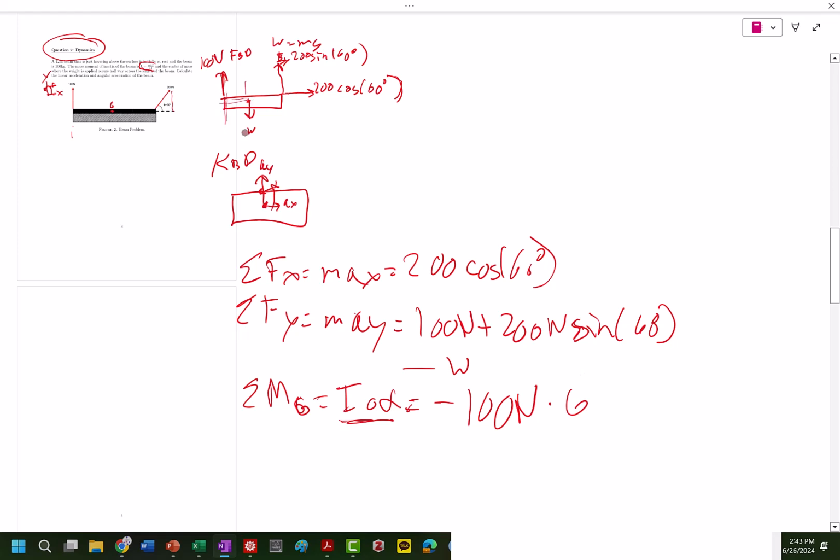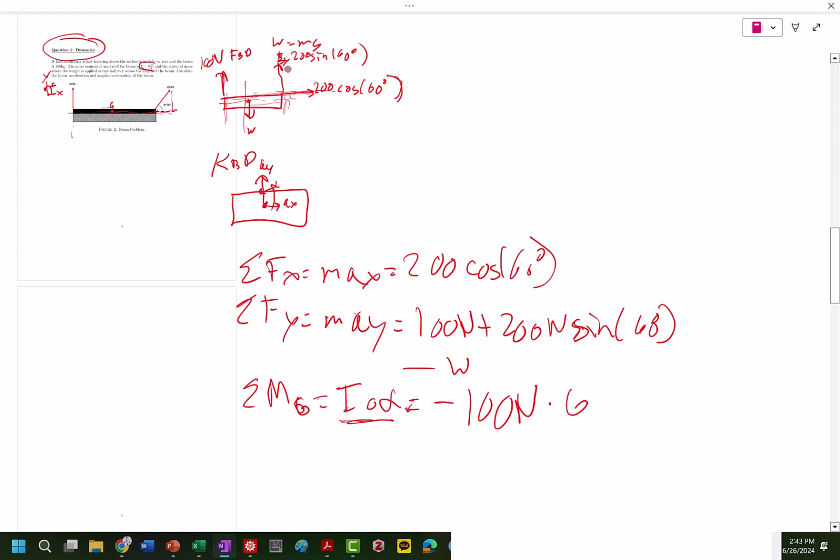And then for the other force, we're going to assume there's 0 perpendicular distance, because it's just crossing through. So the perpendicular distance from the line of action would be 0 for this force.